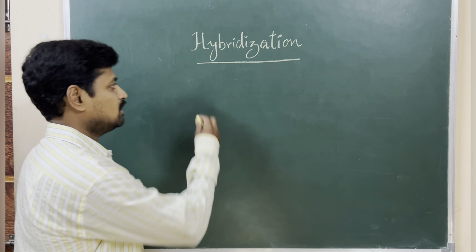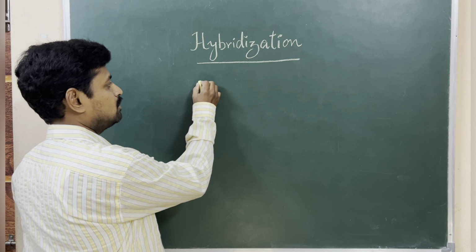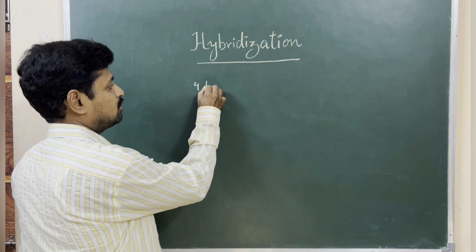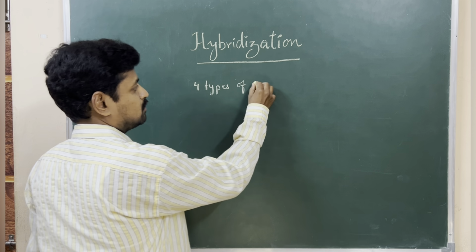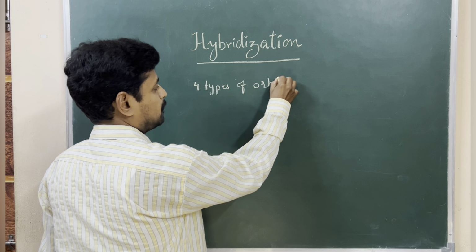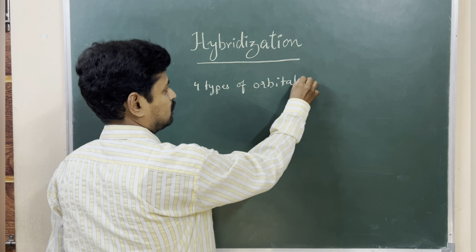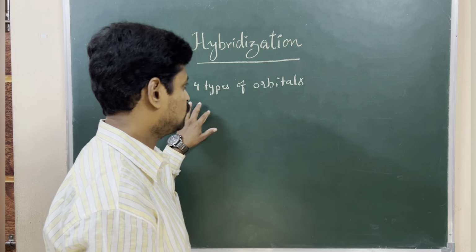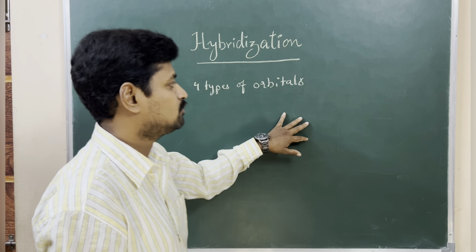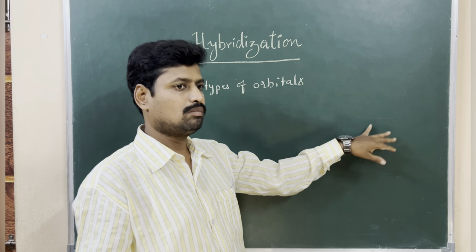Here we have four types of orbitals, and these four types of orbitals combine to form different bonds.